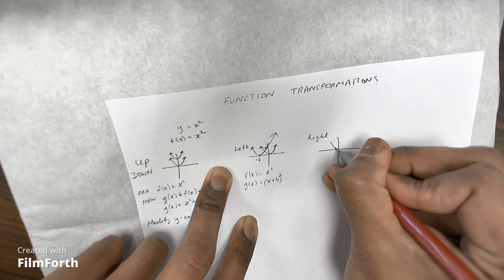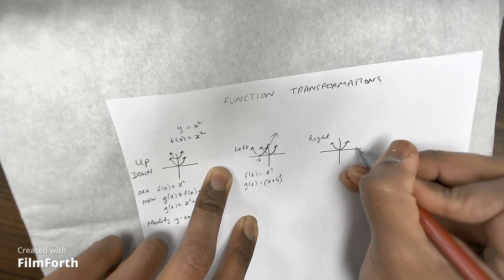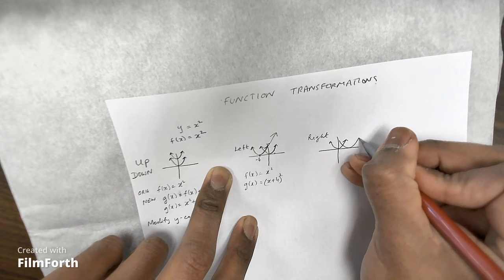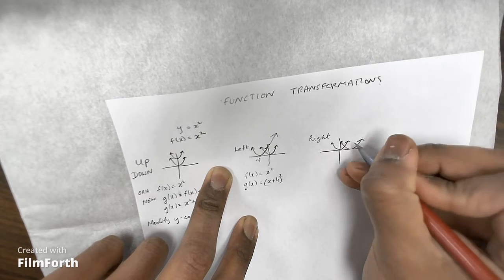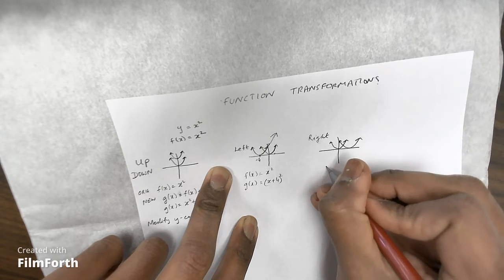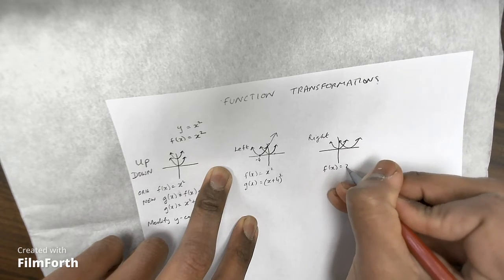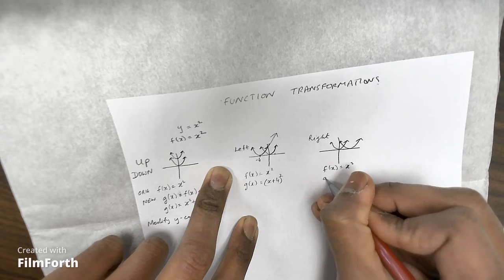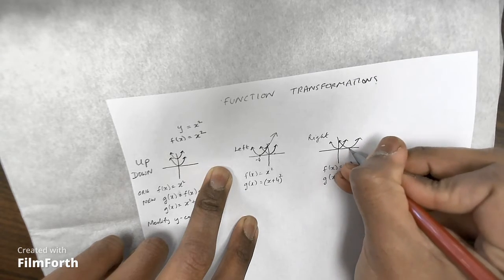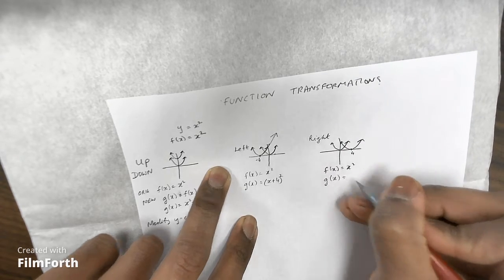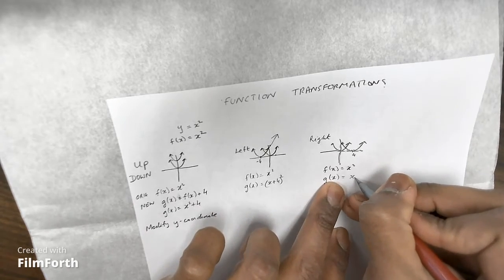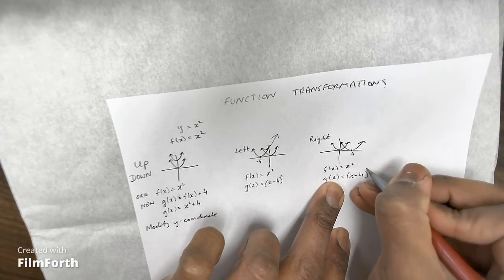In the same way, if we move to the right, we have the original function, and now we have a new function, say somewhere there. Originally the function was f of x is x squared. What's the new function? Suppose this is at 4, we've moved 4 units, so x minus 4. Why is it a minus?